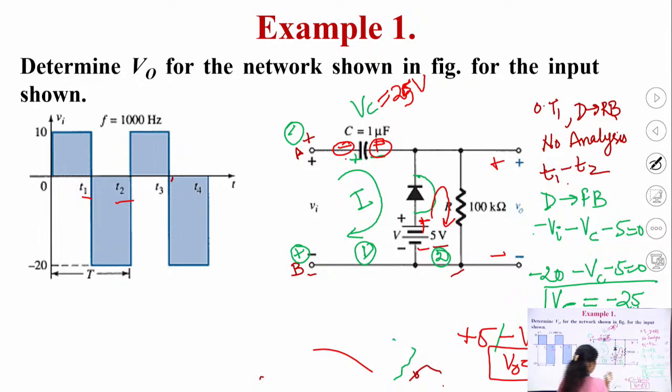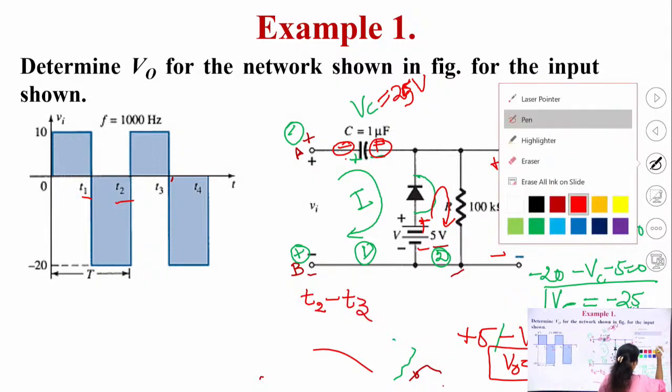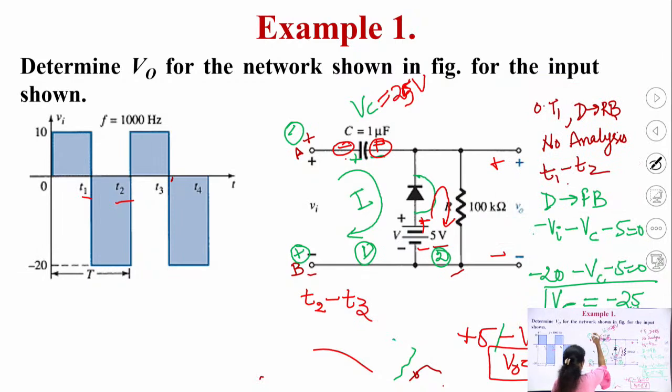So, now during time period T2 to T3, again your terminal A will be at positive potential, because now we are in the positive half cycle, and terminal B will be at negative potential. In this case, we have to concentrate on this sign. We can see this plus and this plus will make the diode reverse bias.